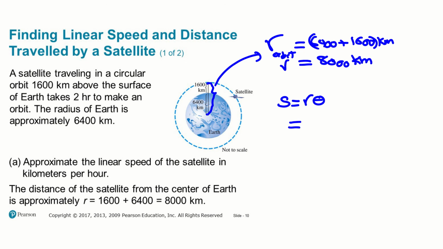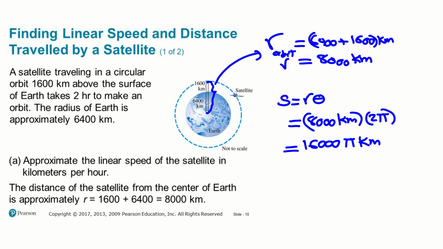In this case, the orbital radius is r, which is 8,000 kilometers. And we know that a full revolution corresponds to an angle of 2 pi radians. So when we multiply that out, we get 16,000 pi kilometers.